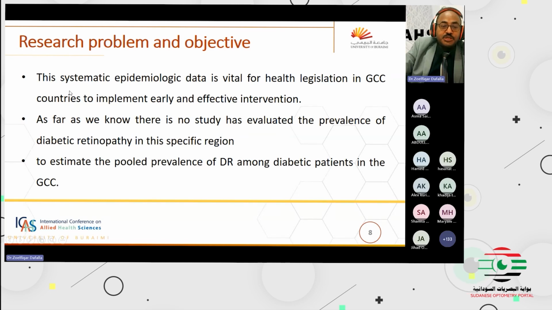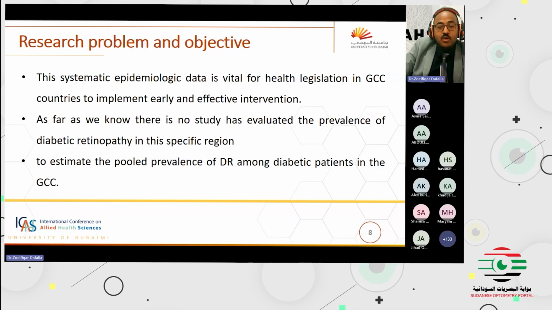Research problem and objective. This systematic epidemiologic data is vital for health legislators in GCC countries to implement early and effective interventions. As I said in the beginning, the prevalence will help decision makers to decide and to build the management plan to control this disease.